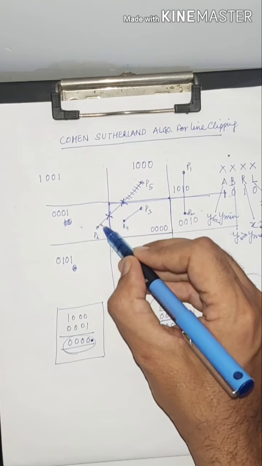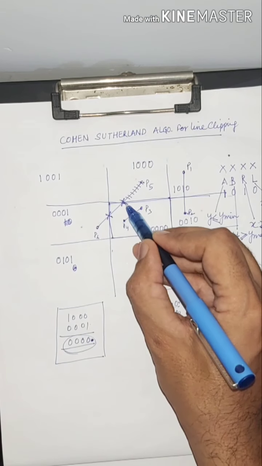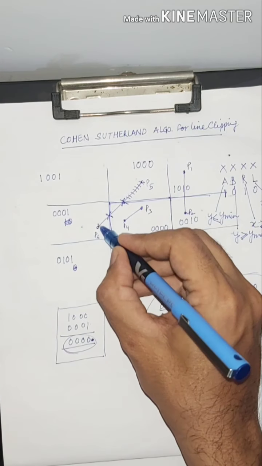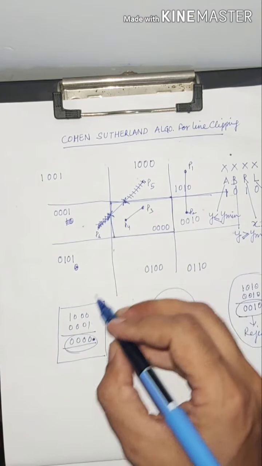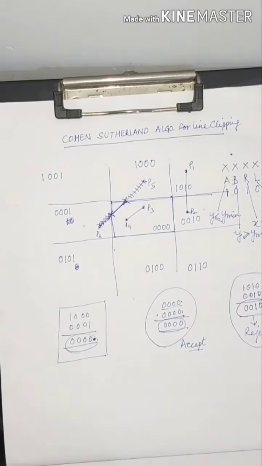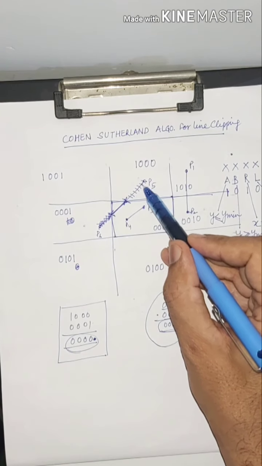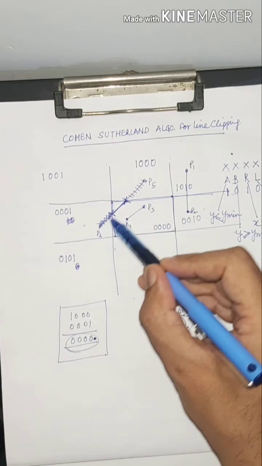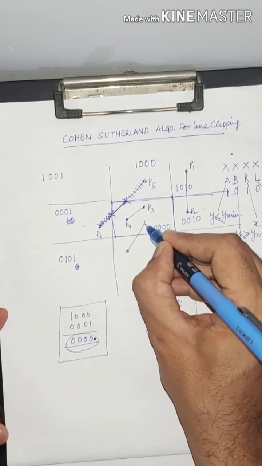Previously, this was the remaining line. In this case, this is the outer point and this is the inner point. So the outer point and point of clash will be rejected this time, and the remaining line will be redrawn as this. So using this clipping, we can exactly clip the line.